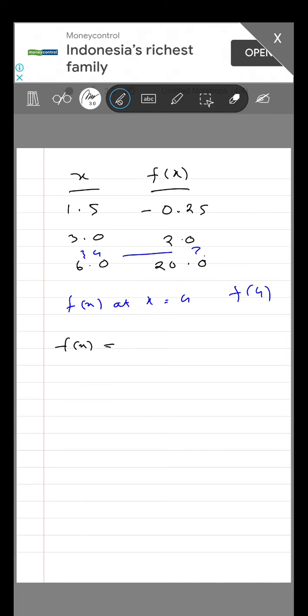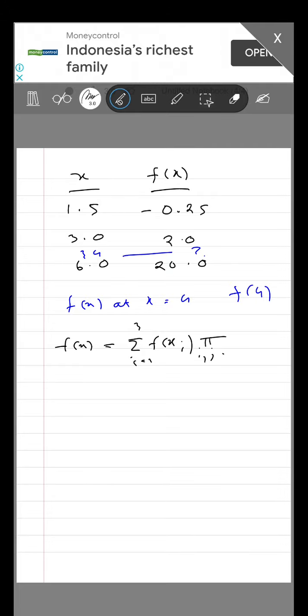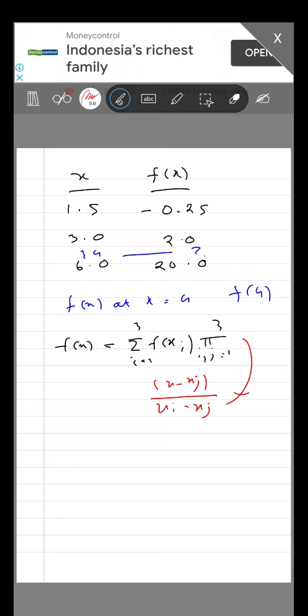So it is summation i equal to 1 to 3 of f(xi) into the product over j of (x minus xj) divided by (xi minus xj) is the form.